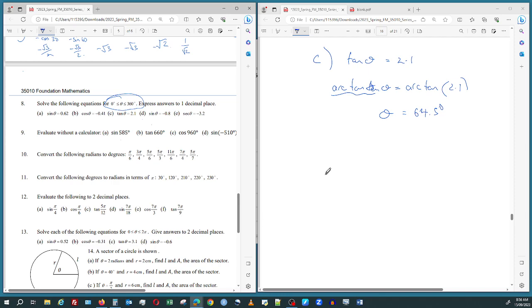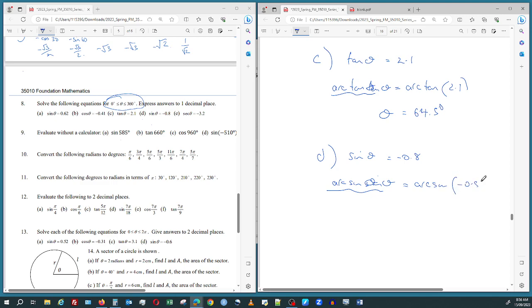Sine theta equals minus 0.08. Arc sine. Sine theta, sorry. Undo. Do the other.